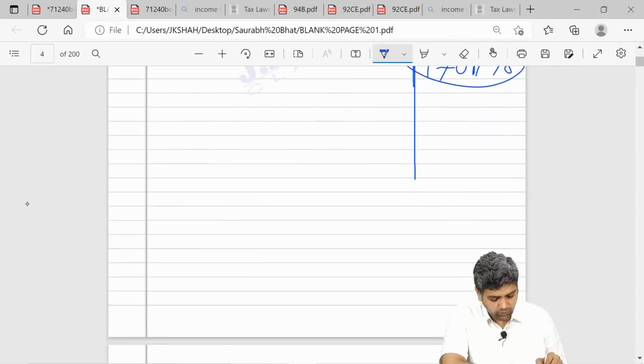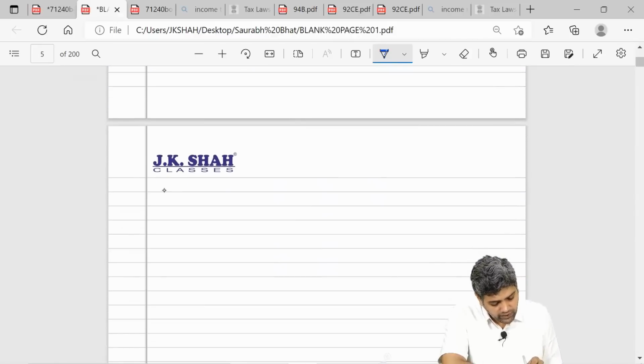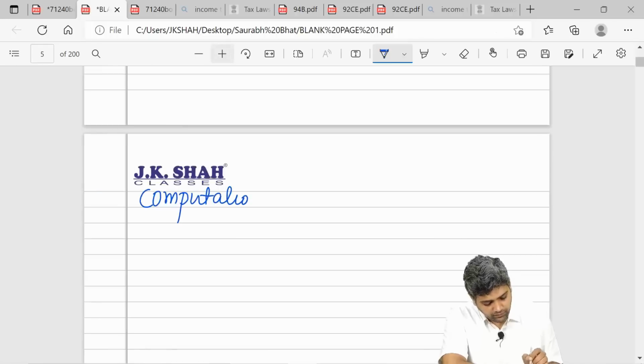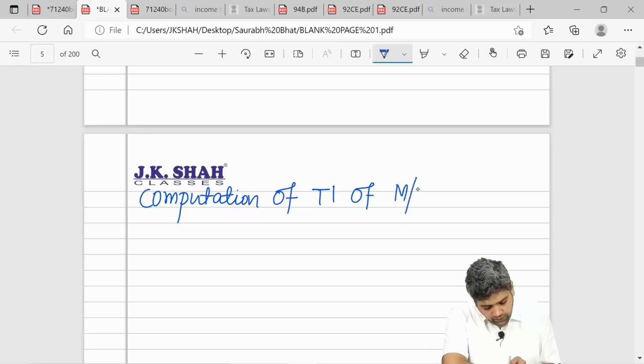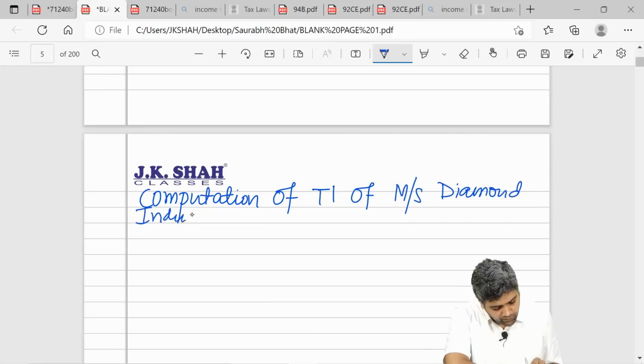So again we know this must be based on computation of total income, and in computation of total income, always the starting point is net profit as per P&L.